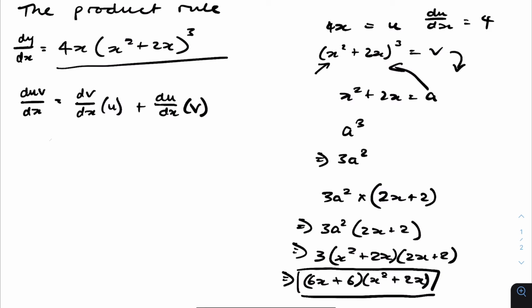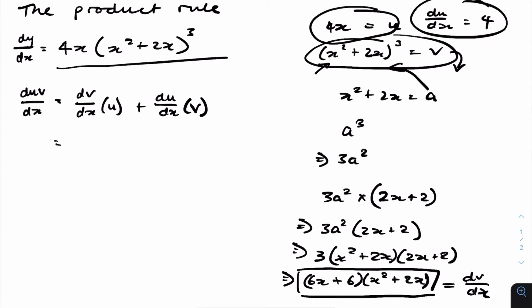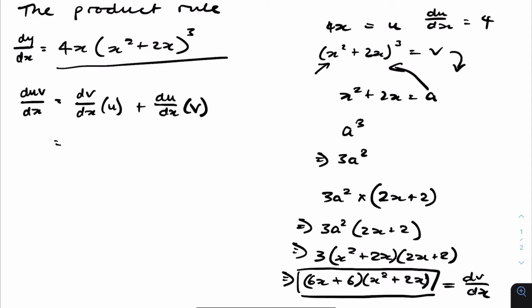All right, so now let's actually substitute our values in. Let me make sure I write this as dv over dx. Okay, we've got all our values now: u, v, du over dx, and dv over dx. I'm going to take away the circling because it makes things look untidy.